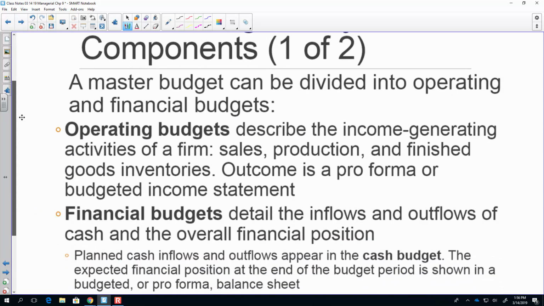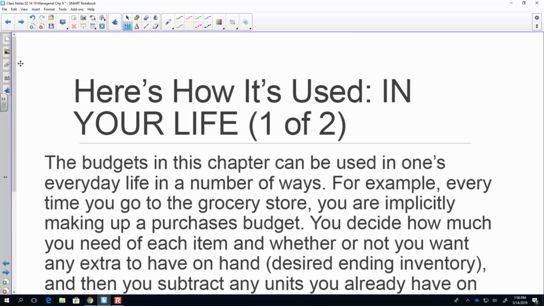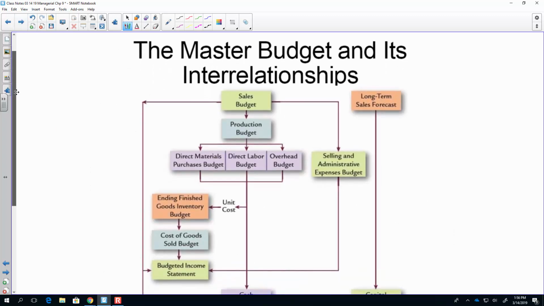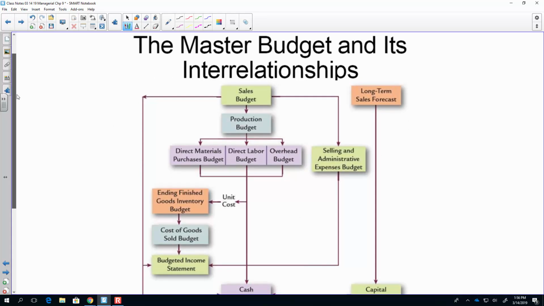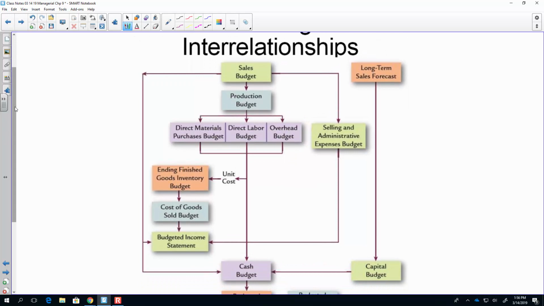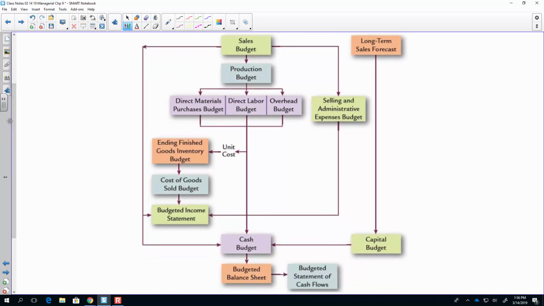All right, the author, because the number of budgets we're going to do is quite vast, on page 458, the author splits the two into operating and financial. So I'm going to draw a line here. See if I can do this right.